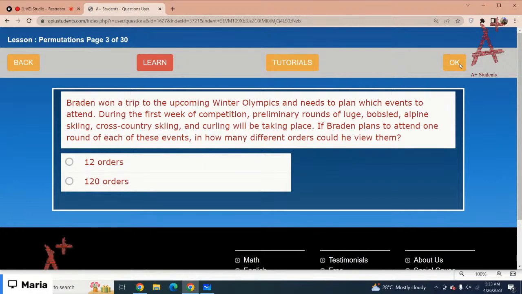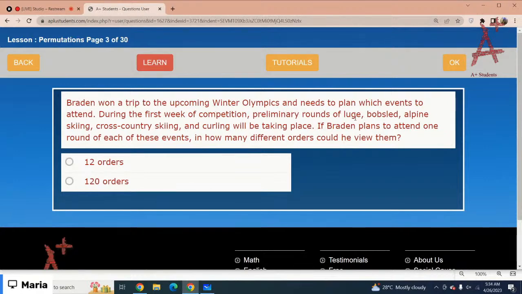During the first week of competition, preliminary rounds of luge, bobsled, alpine skiing, cross country skiing, and curling will be taking place. If Brendan plans to attend one round of each of these events, in how many different orders could he view them?